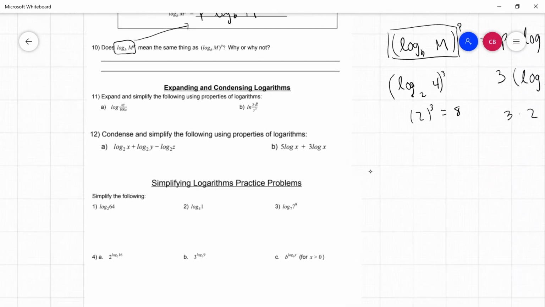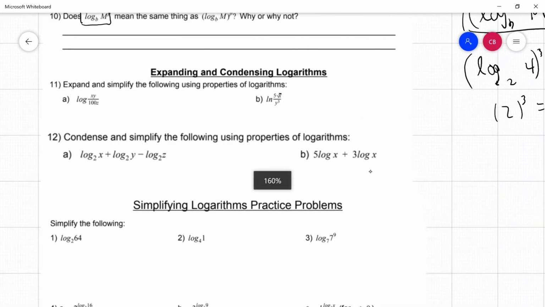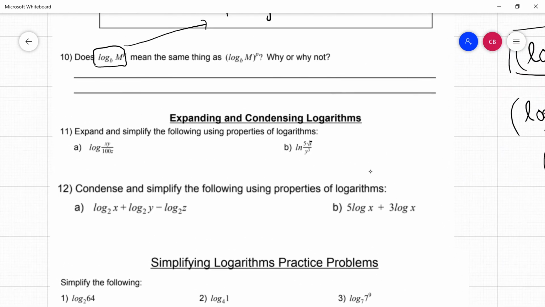So, all right, now we're going to expand and condense. How I do this: if it's on the top, I call it a positive log. If it's on the bottom, it's a negative log. So let's do this. We've got log x plus log y minus log 100 minus log z.